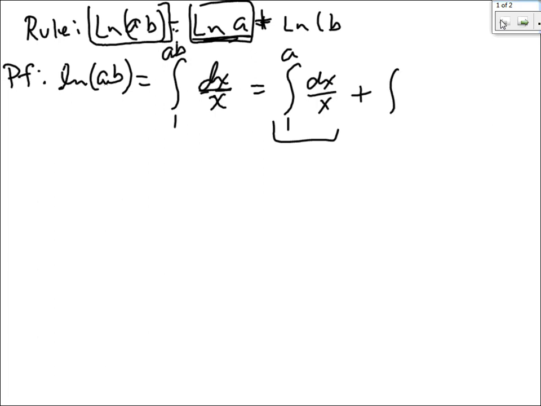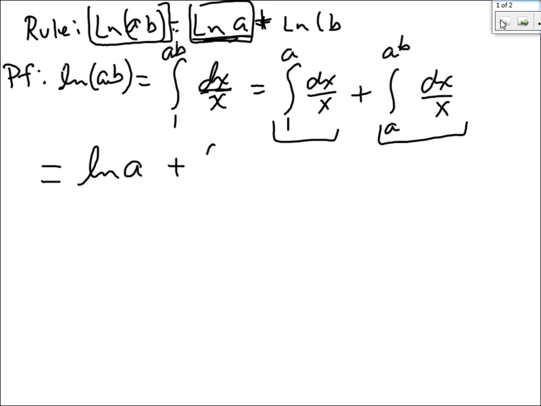Plus the integral of dx over x, and I'll pick up at A, and then I'll go all the way up to AB. Now somehow I need to show that's ln of B. So far the first integral is ln of A, and I need to show that this integral is ln of B.